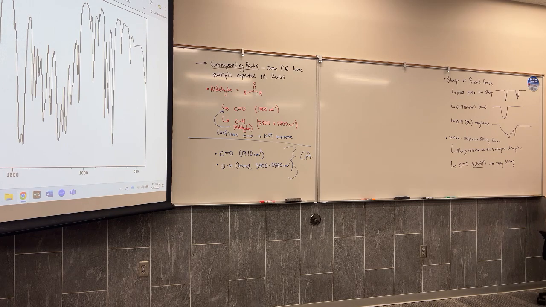IR is not foolproof. IR can leave you with some questions still. So remember, like the carboxylic acid OH, we call it very broad, but it also has these really sharp pieces to it. So it's a little bit of both, I guess. It's hard to narrow down.